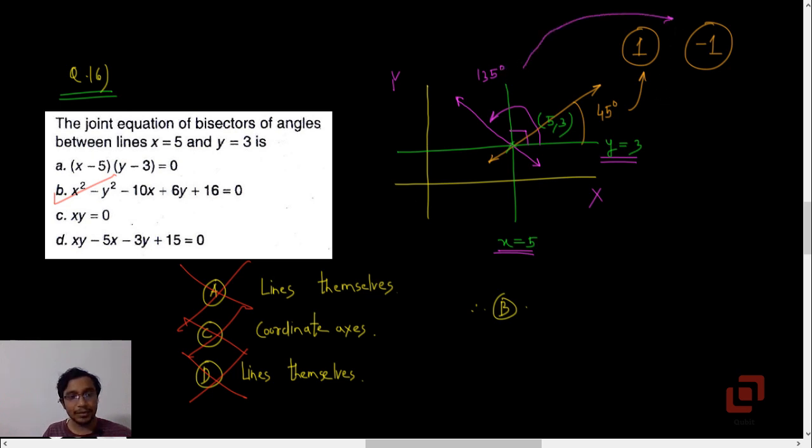So you already know the equations now: y minus 3 equal to 1 into x minus 5, and y minus 3 equal to -1 into x minus 5. If you find the joint equation of them, you will get option B. So question 16, option B.